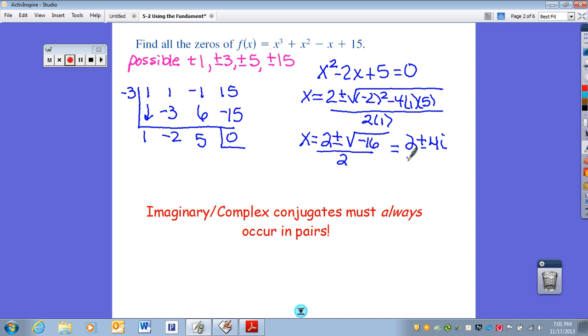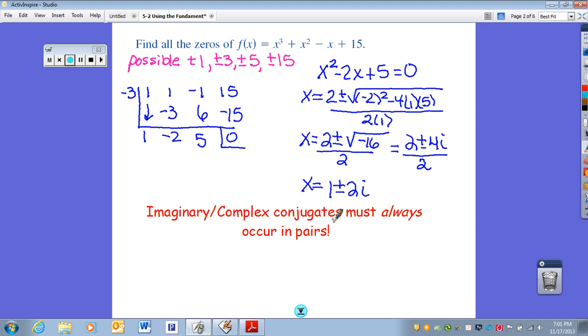So we have 2 plus or minus 4i divided by 2. So as we finish simplifying, we have x is equal to 1 plus or minus 2i. And that would be the other two roots or zeros of my polynomial function.